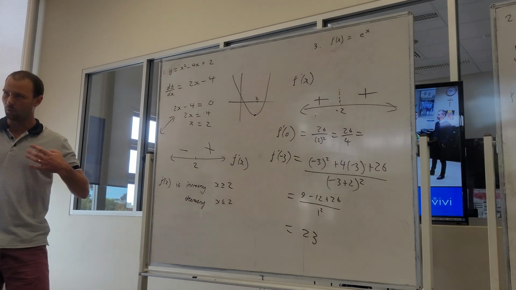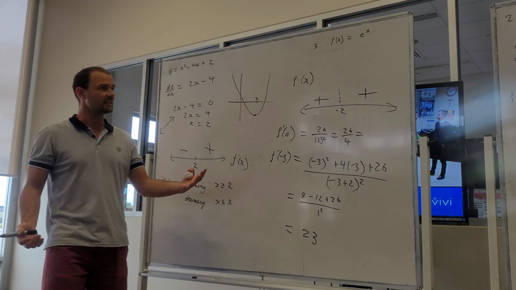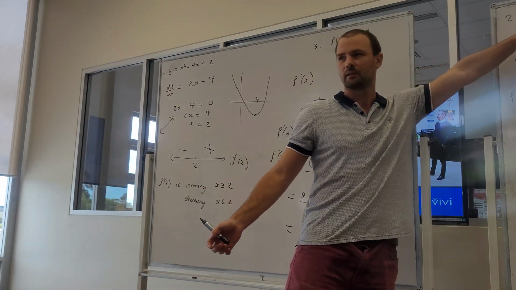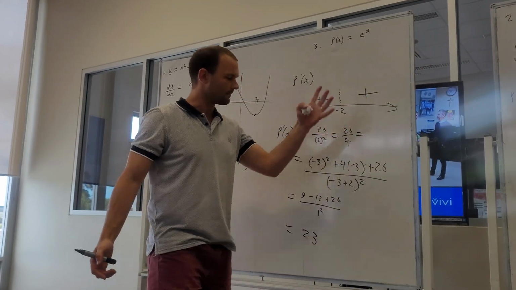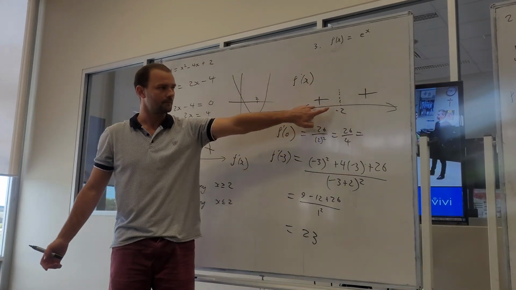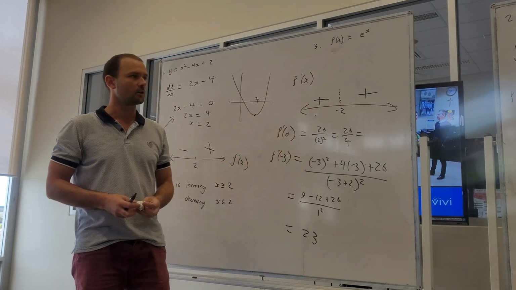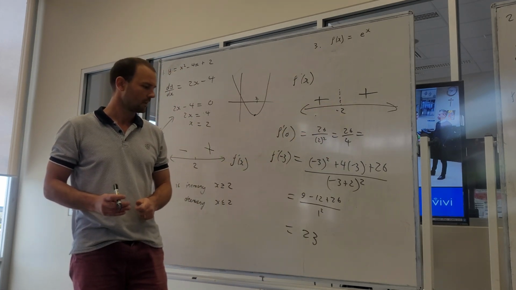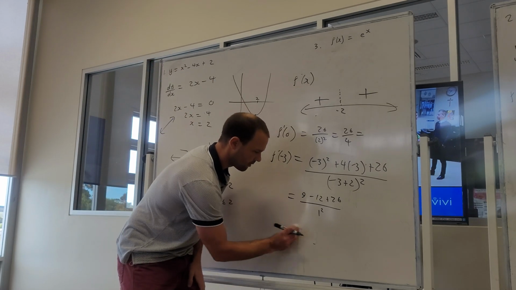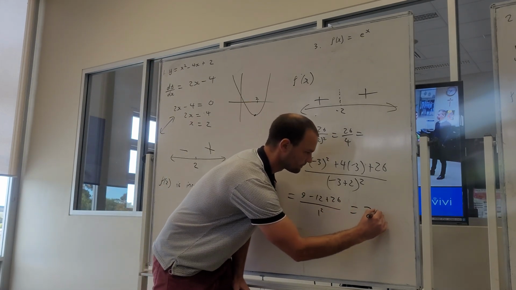Okay, so we've done all of that manually. We don't have any idea what this graph looks like, but we have built up the sign diagram for the derivative function manually, and now we're ready to make statements about when the original function is increasing and decreasing. So I might just do that right below here. I'll go 23 here.